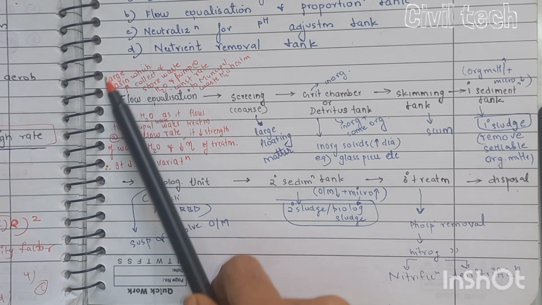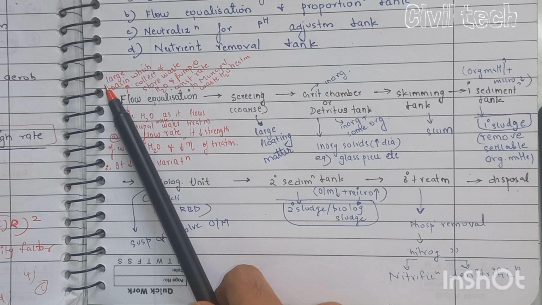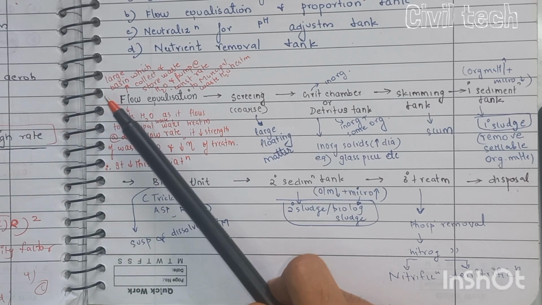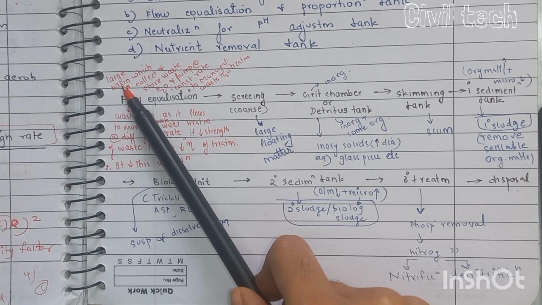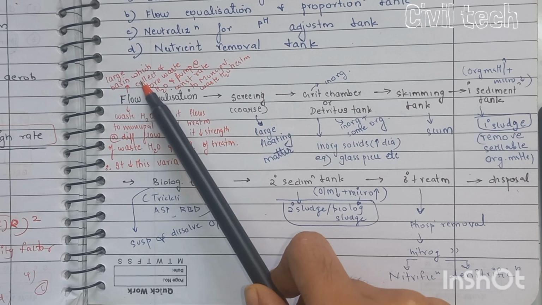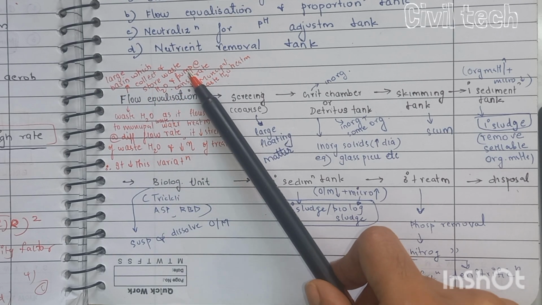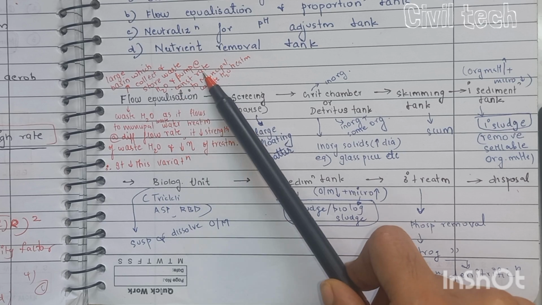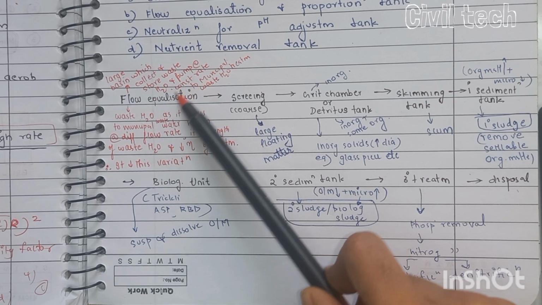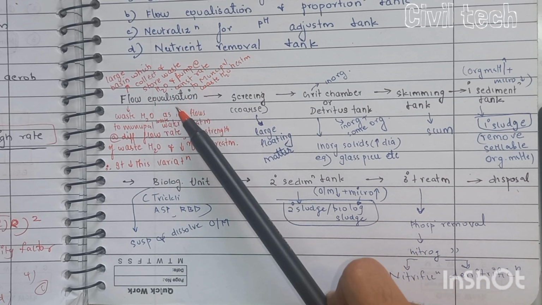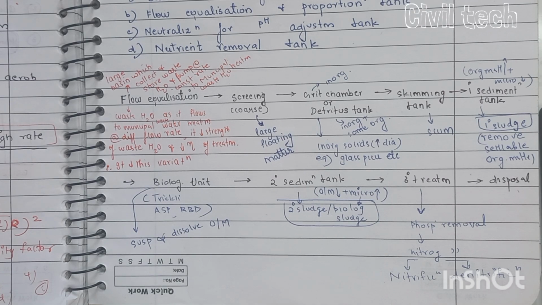For that, large basin tanks, which are the equalization tanks, are constructed so that this wastewater first moves to this equalization tank where it is collected and stored, and then it is pumped. Okay, it is pumped from this flow equalization tank at a constant rate to the municipal wastewater treatment.